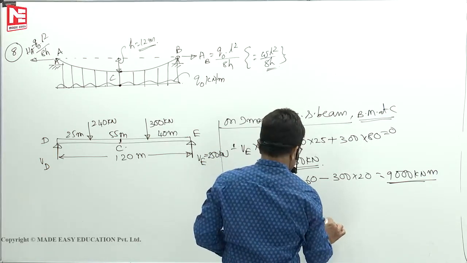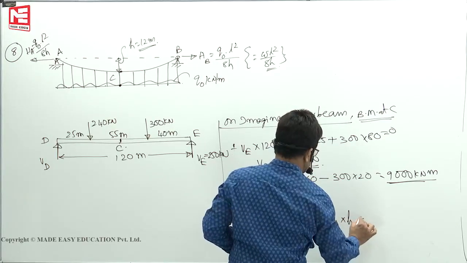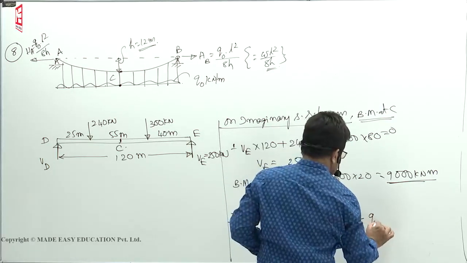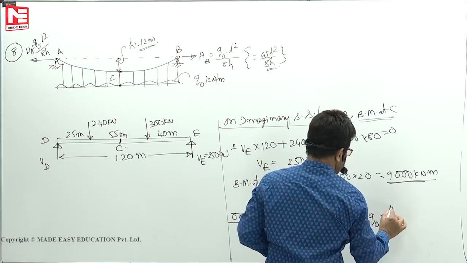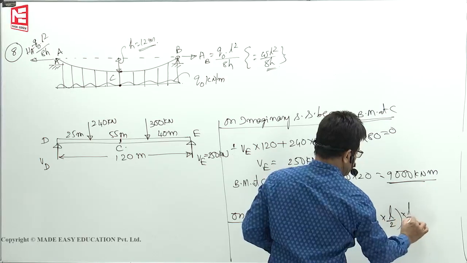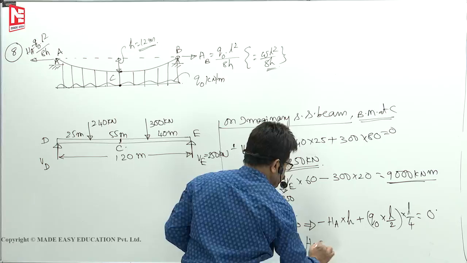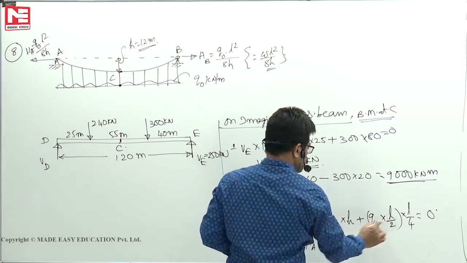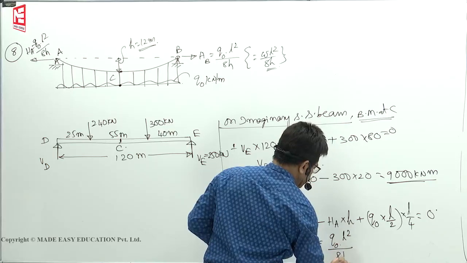So minus HA into H plus the equivalent UDL, that is WL square by 8, Q0 into L by 2 into L by 4, must be 0. So what is HA? It is nothing but Q0 into L square by 8H.